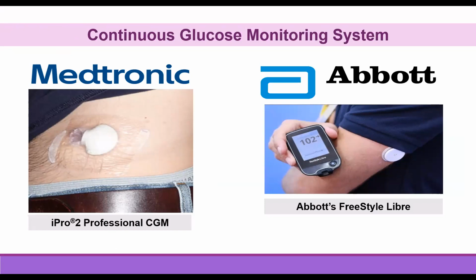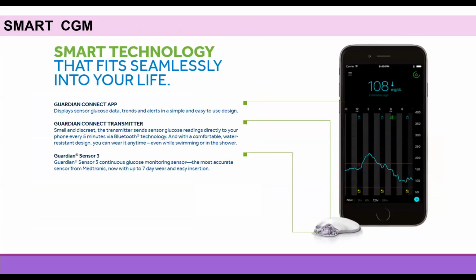and the patient can look at his smartphone to get an idea of what the blood sugar level is right now, because electronically they can transmit the data to the mobile phone. This is basically what we nowadays call a smart CGM that fits seamlessly into your life, this Guardian Connect app.